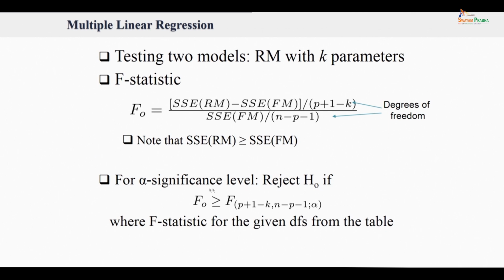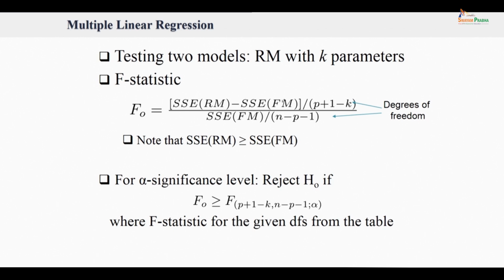This is a standard thing that an R function will provide. This particular comparison is between the reduced model, which has no independent variables, and the full model, which contains all the independent variables in multilinear regression. Of course you can choose different reduced models and compare with the full model. For example, you can take the reduced model by leaving out only one of the independent variables, so that will have p parameters.